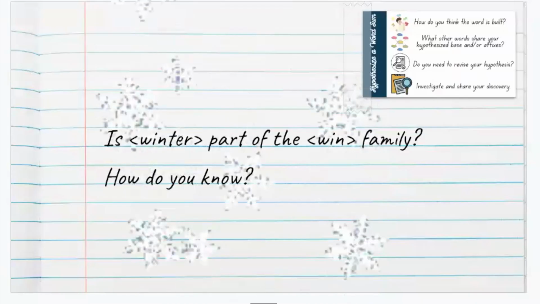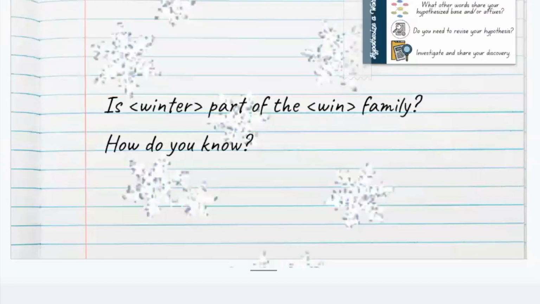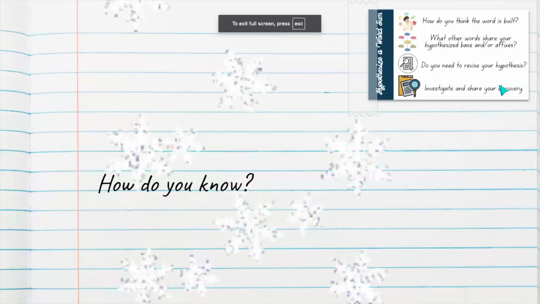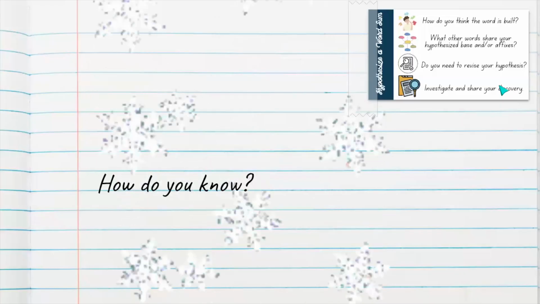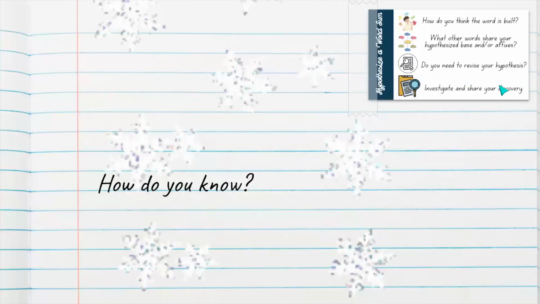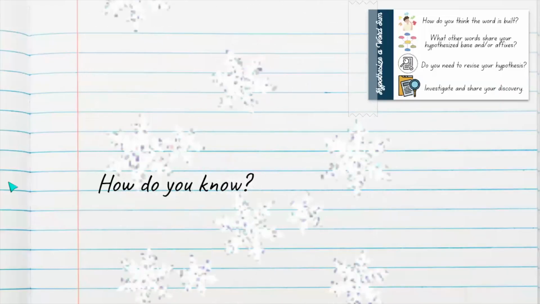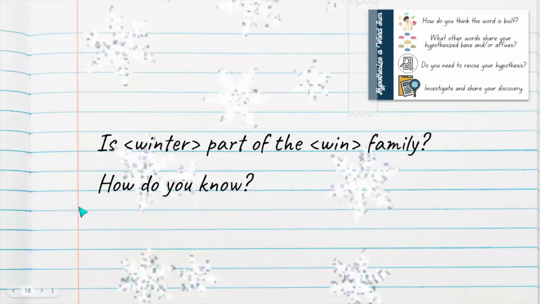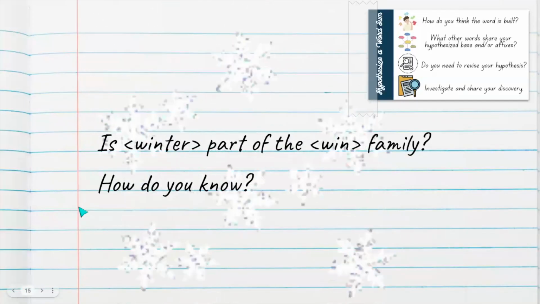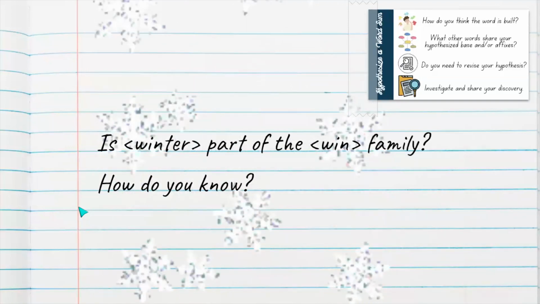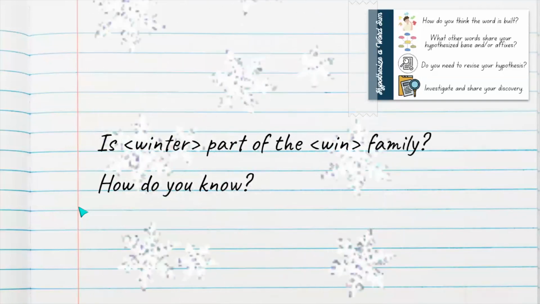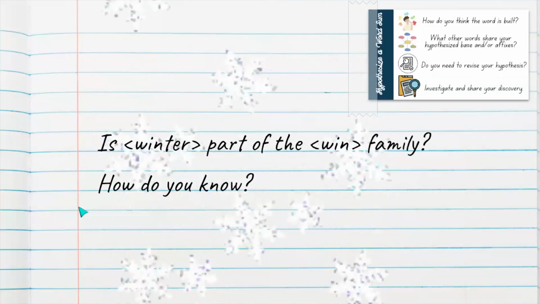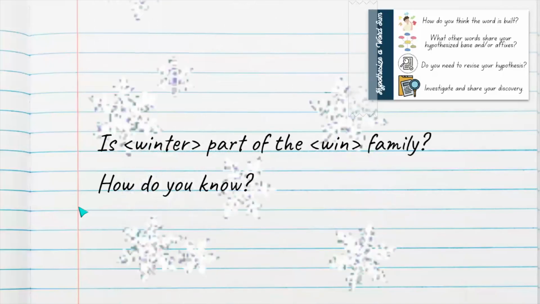Now, I could come back to this and say to my students, okay, well, if winter is its own free base word, what other words would be in the family? Probably not a lot. Winters, wintering, wintry, overwinter as a compound word, maybe.